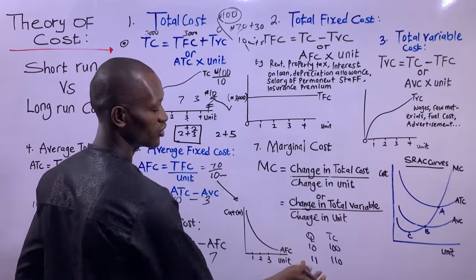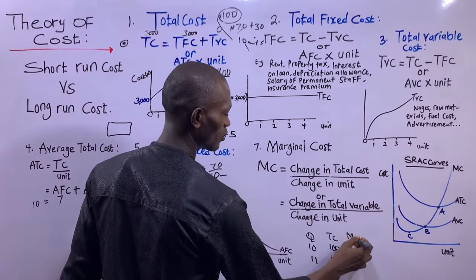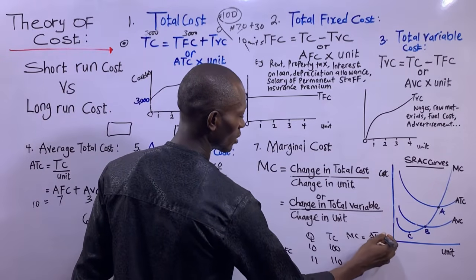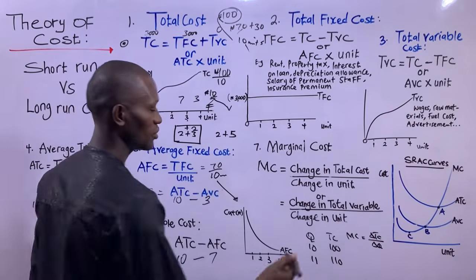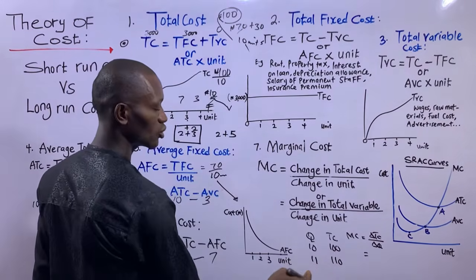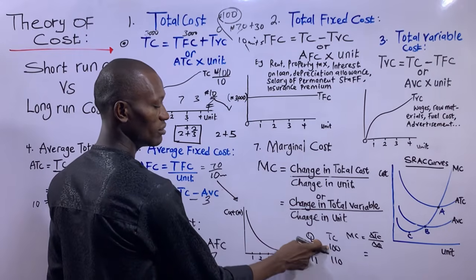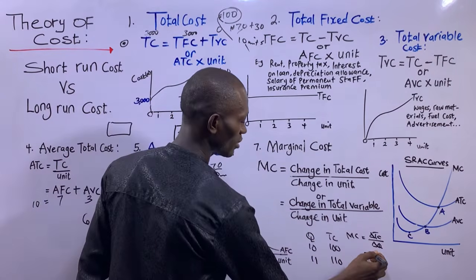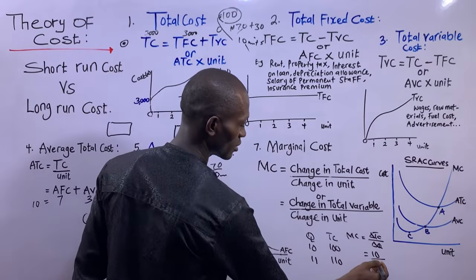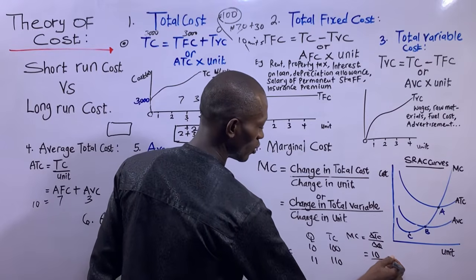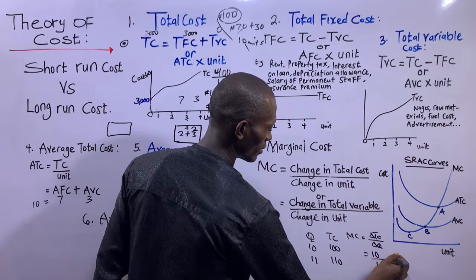Then let's get the marginal cost now. Marginal cost, like we said, is change in total cost divided by change in quantity or units of output produced. So here, the change in total cost is 110 minus 100. That gives us 10. Divided by 11 minus 10, that gives us 1. So 10 divided by 1 gives us 10 naira.